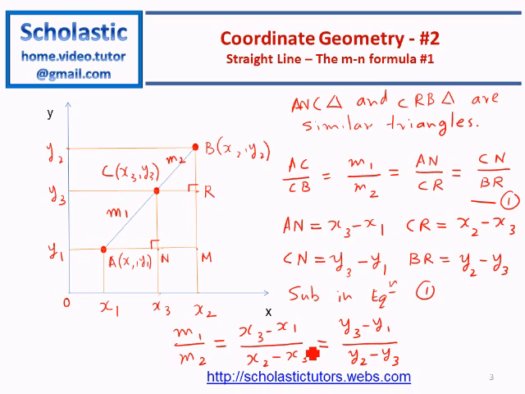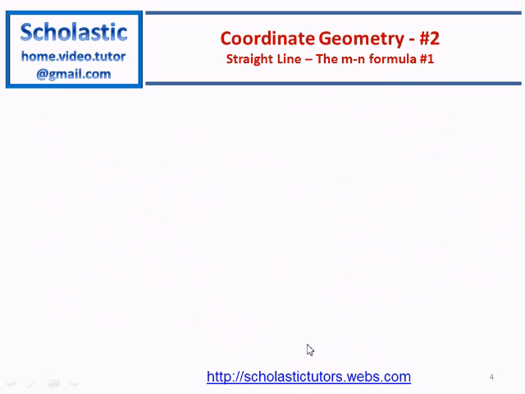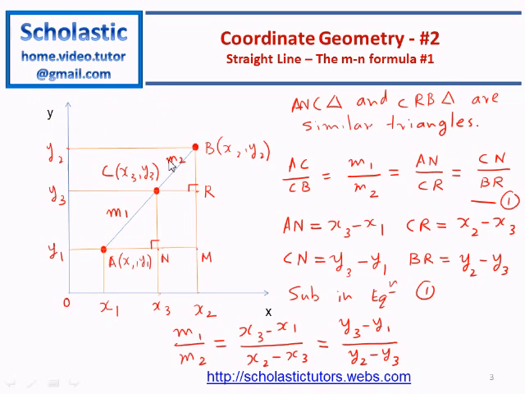Let's see how we're going to simplify this one. We'll write them again here. M1 over M2 is equal to x3 minus x1 divided by x2 minus x3.